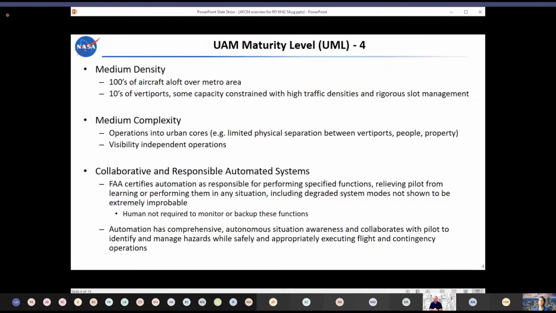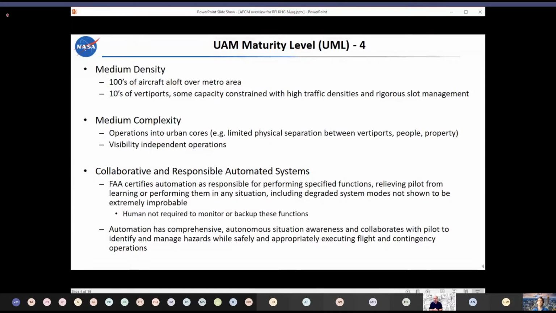And then the third main bullet is getting into what we call collaborative and responsible automation systems. And these are very much at the core of the automated flight and contingency management sub-project. The first sub-bullet here, talking about responsible automation.